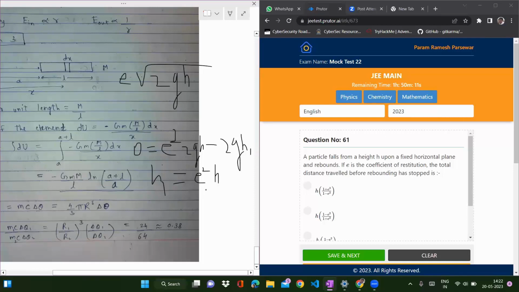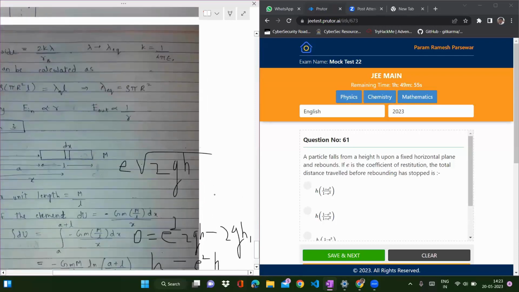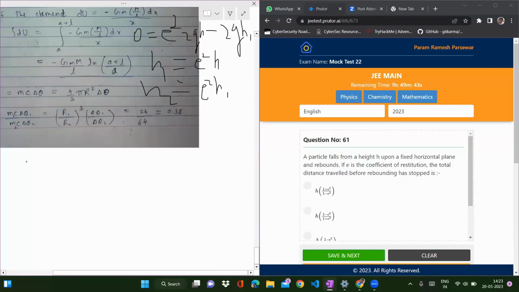So h1 will be e square h, and in this way the series will go on. h2 will be again e square times h1.